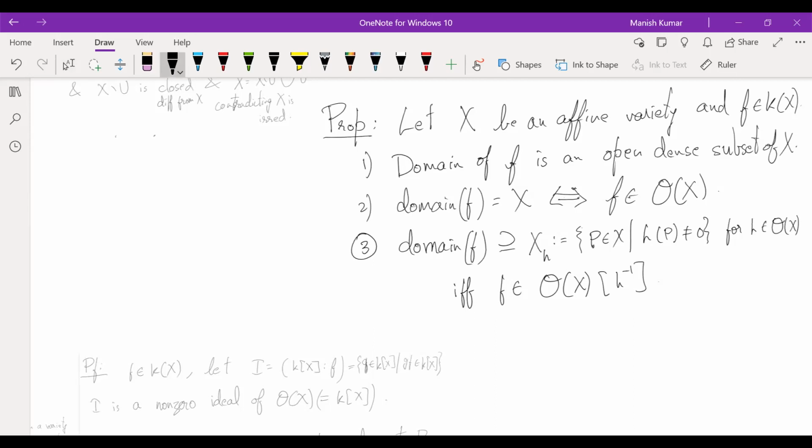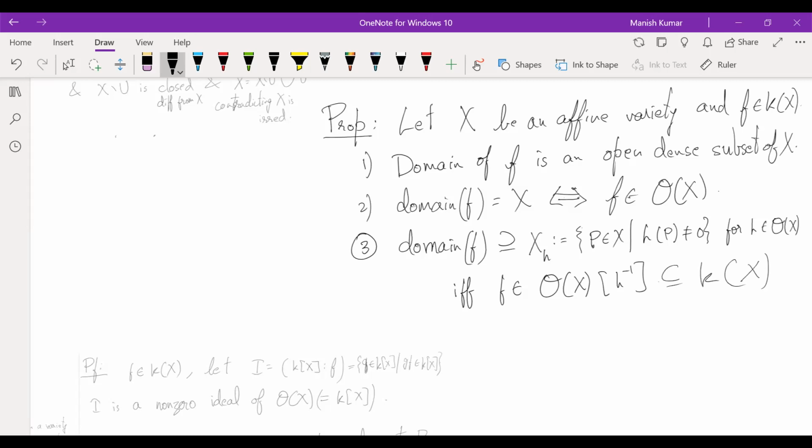So if h is some regular function on X, then you define X_h as those points of X where h does not vanish. So the domain of f contains X_h if and only if f belongs to this subring of the fraction field, the field of functions of X.